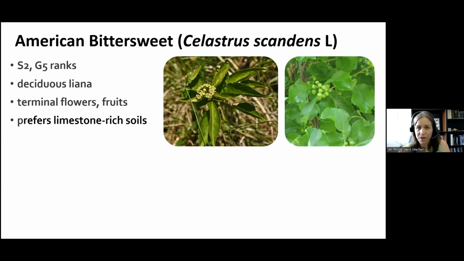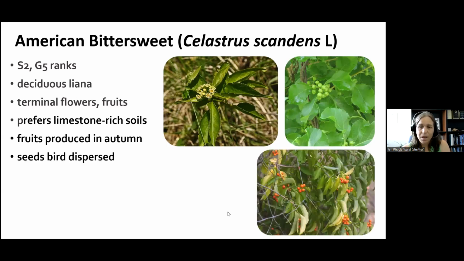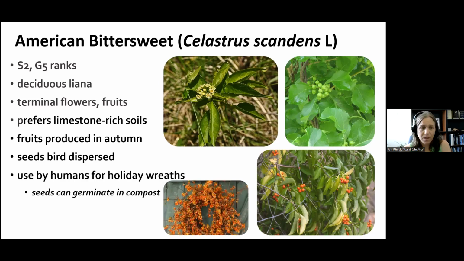So it doesn't do very well on clay-heavy soils or saturated soils. It really likes those limestone soils. It makes fruit in the autumn, and it makes red fruit that is really delicious to birds, poisonous to you, but delicious to birds. And so the seeds inside those fruits are dispersed by birds.